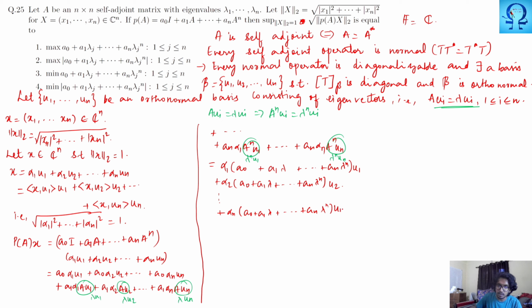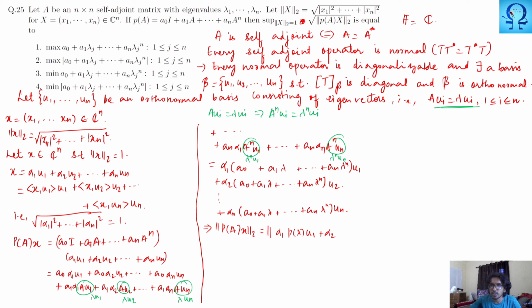lambda power n un. Okay, if I now evaluate the norm of p of a x2, what am I going to get? I would get norm of alpha 1 p of lambda u1. Okay, alpha 2, just a minute.